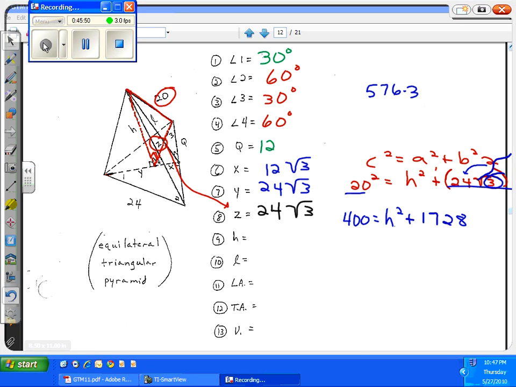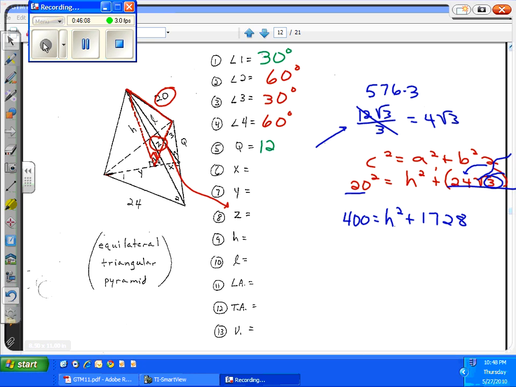Need to pause and look. I made a little mistake back down the way, and I apologize. A while ago on this, we had a 12 square roots of 3 over 3, which should have been a 4 square root of 3, and somehow I grabbed the 12. So that should be a 4. Doubled is 8. So that should have been a 4 square root 3 and an 8 square root 3.